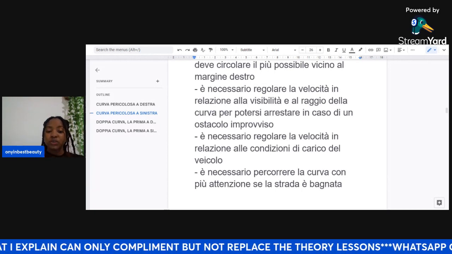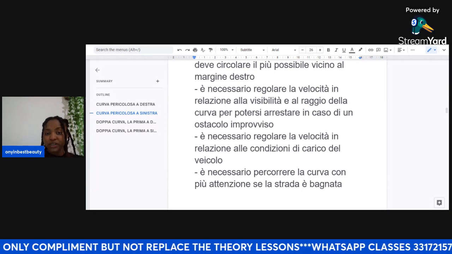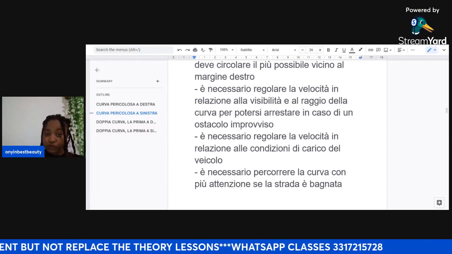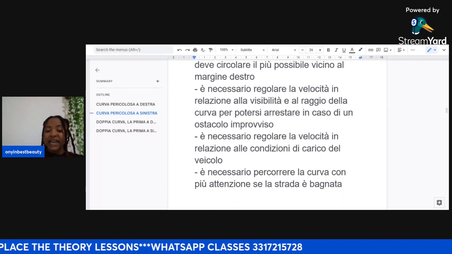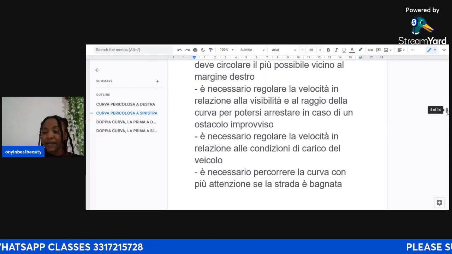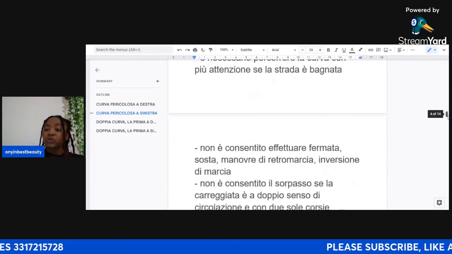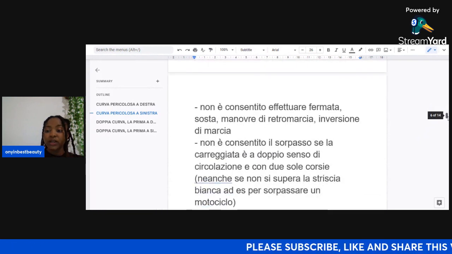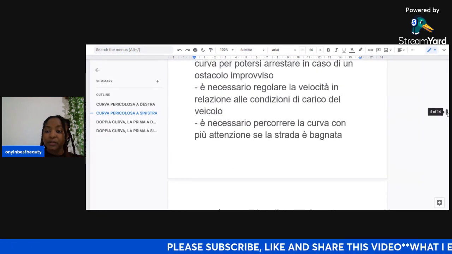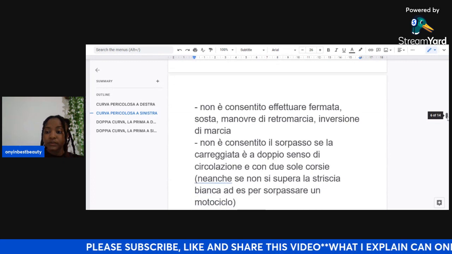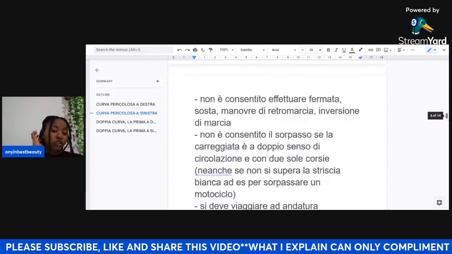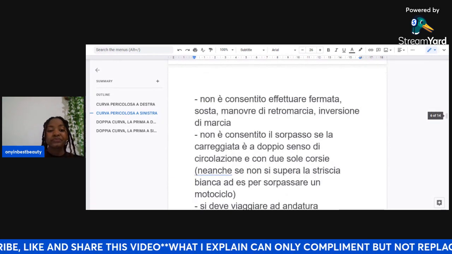You also have to regulate your speed according to the load that you as a driver carry in your vehicle. È necessario percorrere la curva con più attenzione se la strada è bagnata. Now, when the road is wet, you need to drive with particular care and pay more attention. You have to pay more attention, okay? That's what it's telling you.